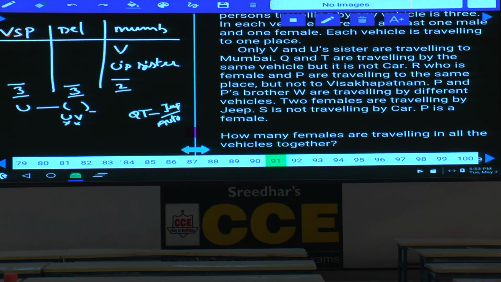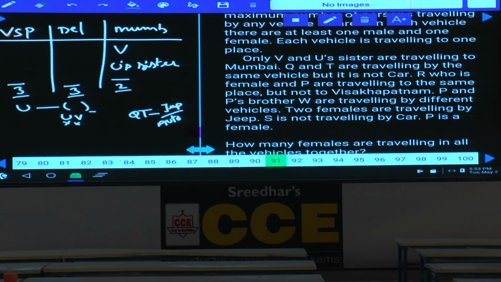If you add Q and T, then you will have 3 persons, which is not possible. Hence Q and T cannot be Mumbai, so Q and T can be either Visakhapatnam or Delhi.